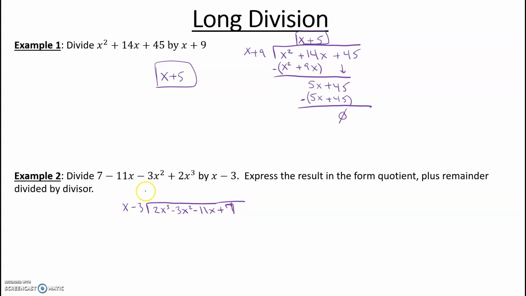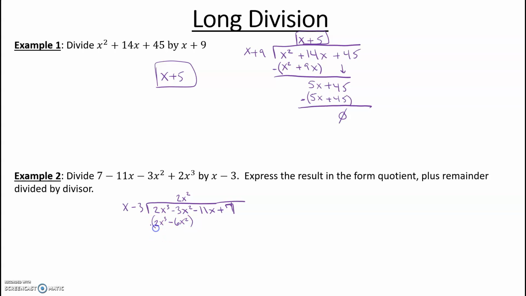All right, so x times what gets me 2x cubed? X times 2x squared gets me 2x cubed. We're going to go ahead and distribute. 2x squared times x gets me 2x cubed. 2x squared times negative 3 gets me negative 6x squared.